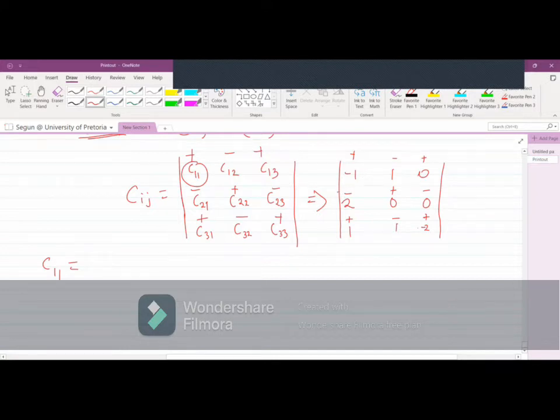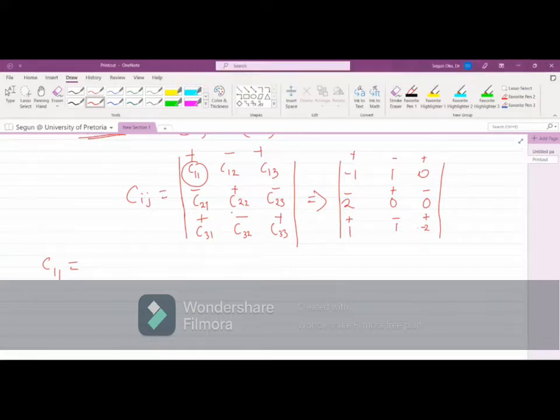Remember, in the determinant, we put the minus 1 outside. But in the minor matrix, you don't need to put anything outside. It's just the element you are taking out. Where you are taking the element, the row and the column will be removed. The remaining one will be the small matrix you are going to use.